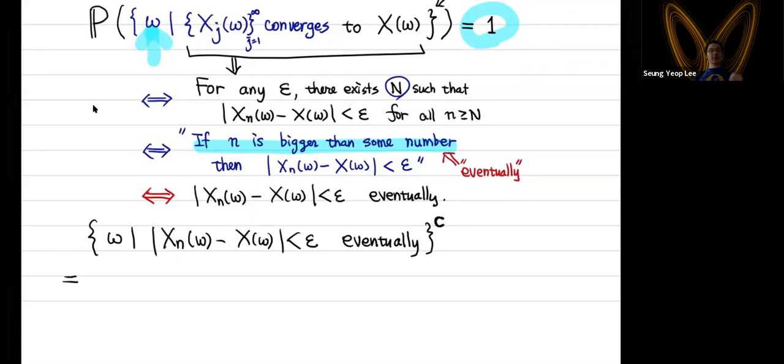How can we characterize such omega if Xn doesn't converge to X of omega? Here is a clever way. If you give me some small number, I cannot give you any n. No matter how large n is, Xn is away from X by a certain amount. It cannot be close.